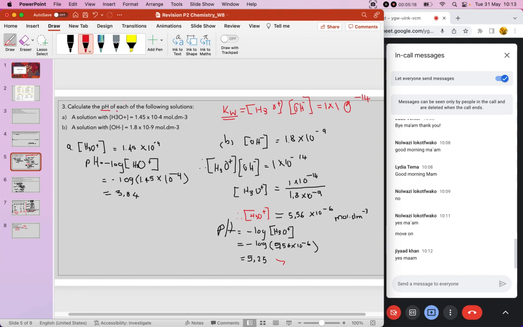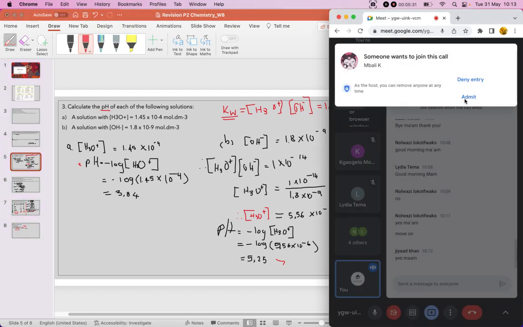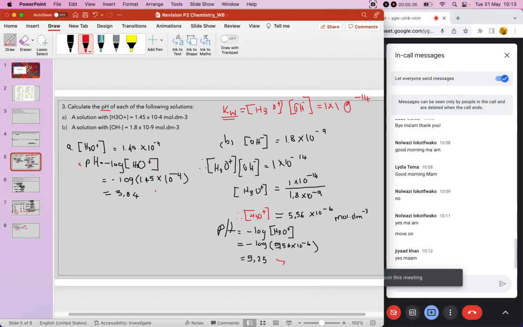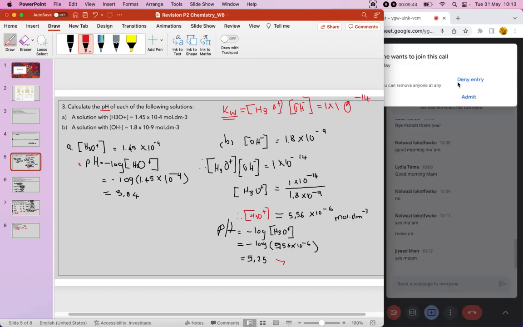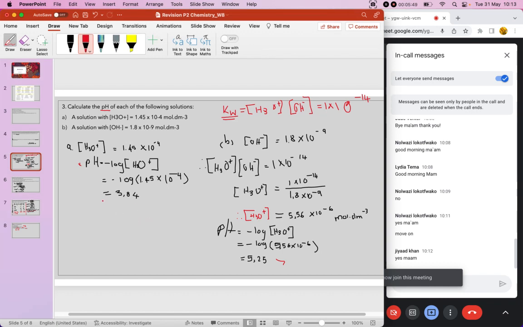So you're given the concentration of the H3O plus, and from that you know the equation of the pH is given by pH equal to negative log of the concentration of H3O plus. You know what the concentration is, so you just substitute the value that you are given, and you will get the pH of solution A to be 3.84.